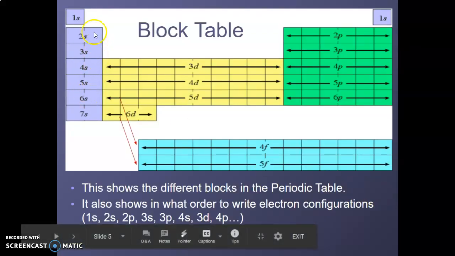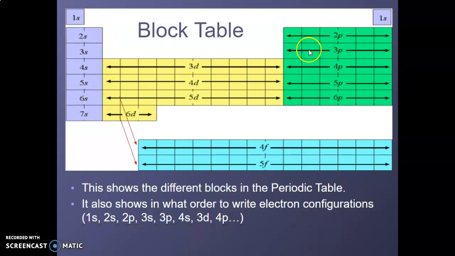These sublevels are located here in the S block, in the P block over here, in the D block over here, in the F block right over here. As we go through this section, I think you're going to see a lot of similarities between the structure and organization of the periodic table and the arrangement of electrons inside atoms.